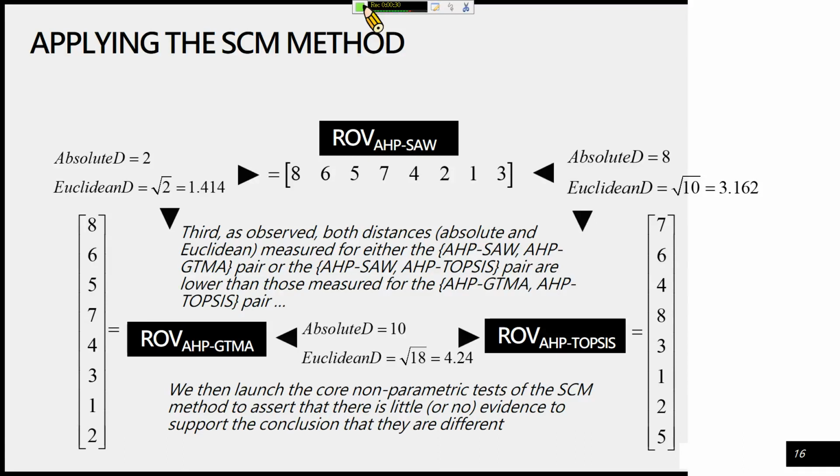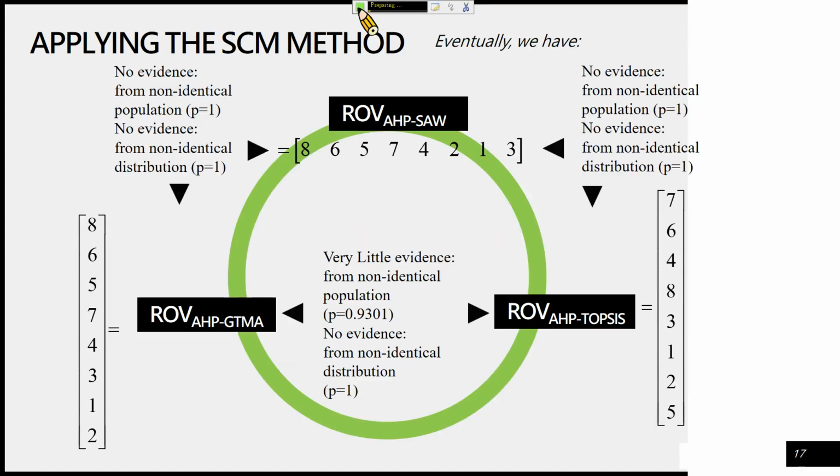The distance measured for the AHP-SAW and AHP-GTMA pair is tiny, but are the distances measured for the other two pairs small enough to be justified as an indicator for similarity?